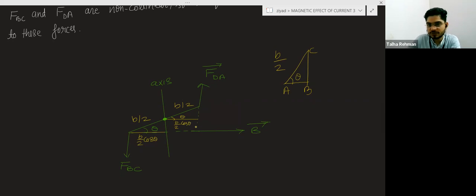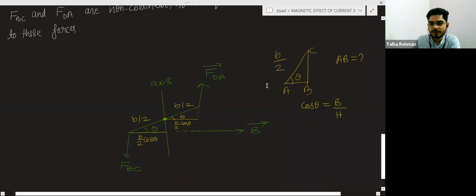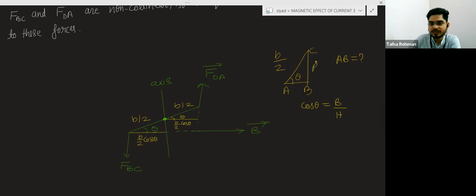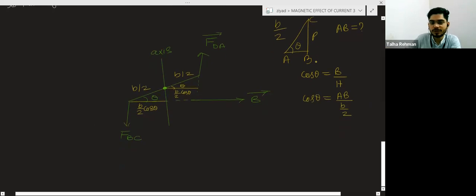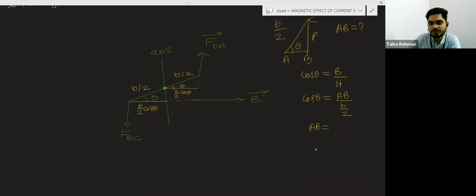So this AC is b by 2, and we want to calculate AB. Cos theta is base divided by hypotenuse for a right angle triangle. Here this is theta, opposite to this theta is the perpendicular, and this AB will be the base. So cos theta is AB over the hypotenuse b by 2. From here you can get AB, and your AB will be b by 2 cos theta.